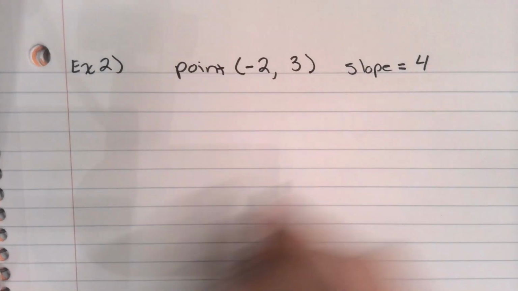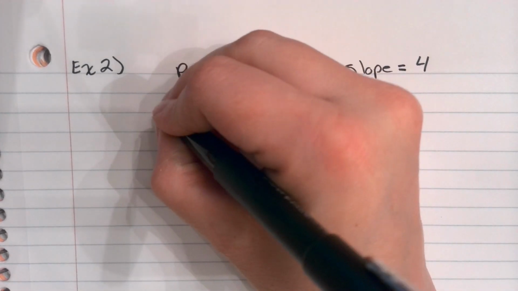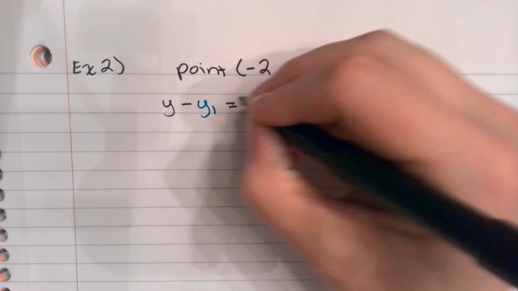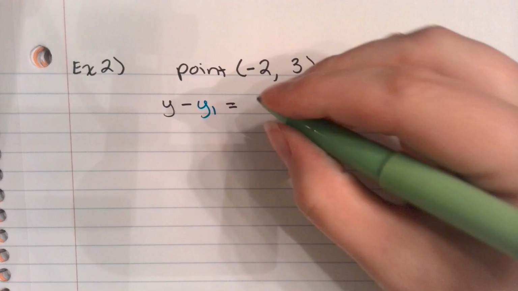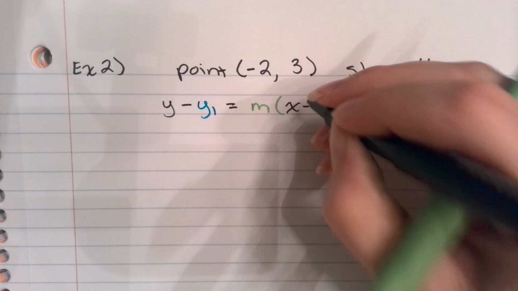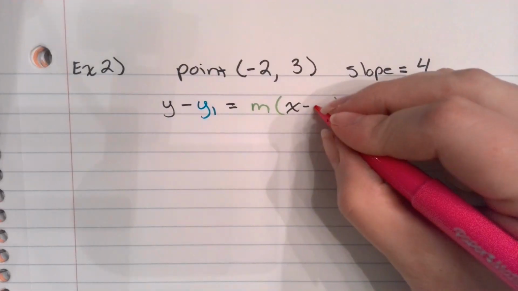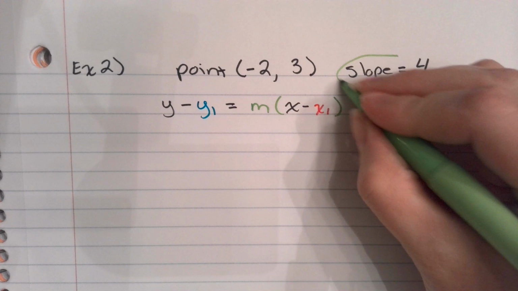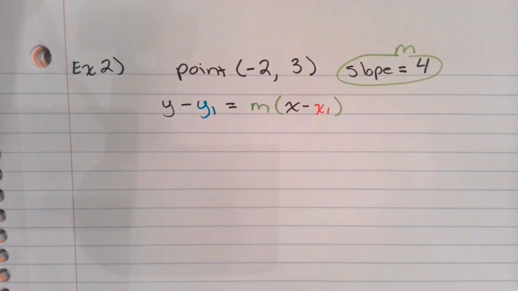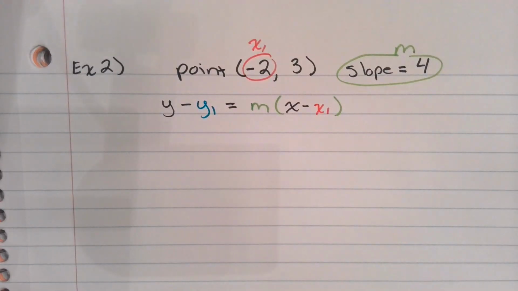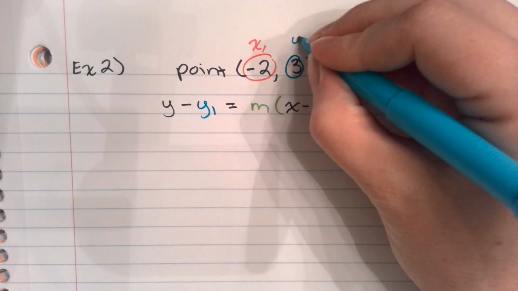So the first thing I'm going to do is set up the point-slope form. So we have y minus y1 is equal to m times the quantity of x minus x1. Here's my m value, here's my x1 value, and here's my y1 value.